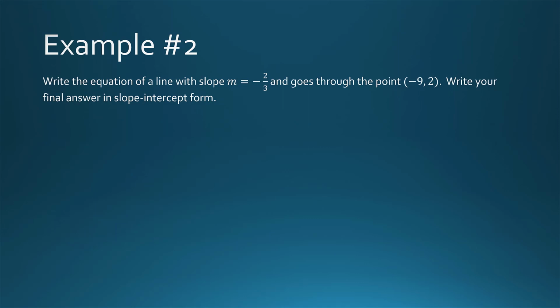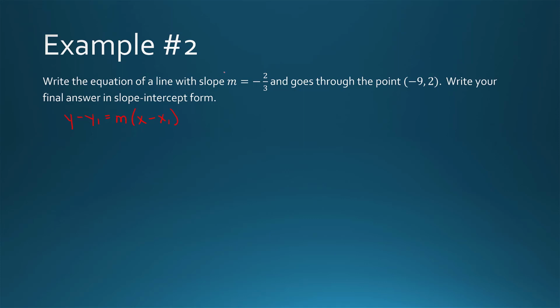So we'll do another example here. This time we're writing the equation of a line where the slope m has a value of negative 2/3, and it goes to the point (-9, 2). Again, we're going to put our final answer in slope-intercept form. So let's start off with point-slope: y minus y1 equals m times x minus x1.